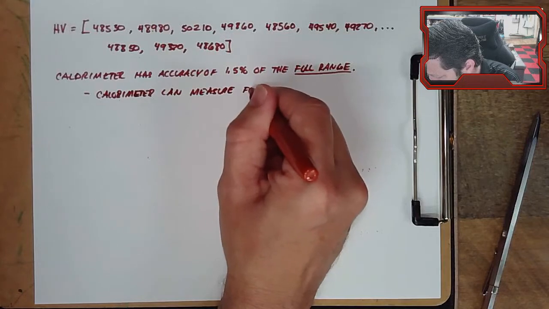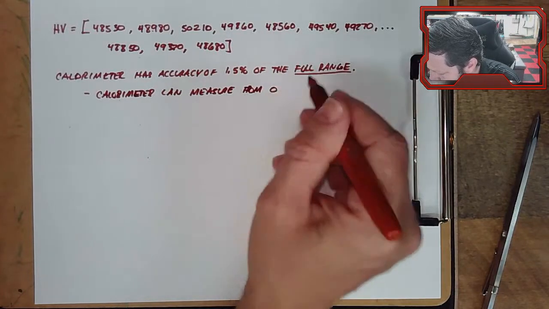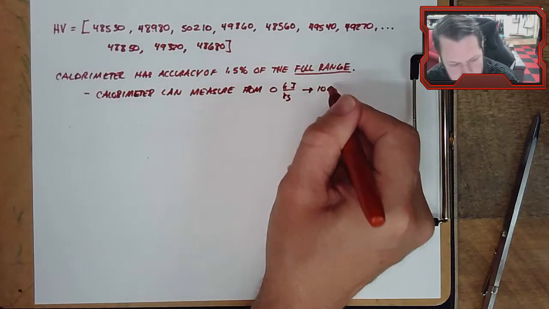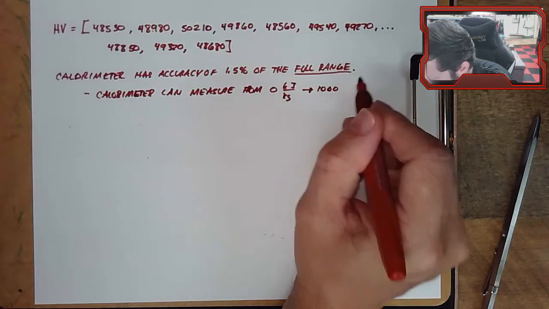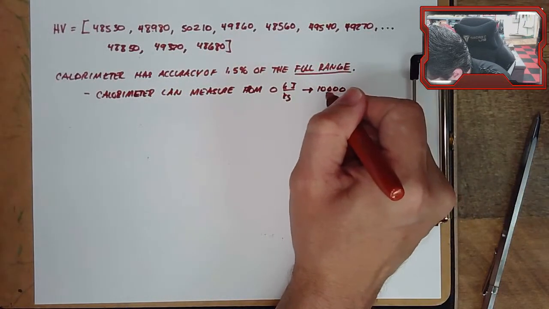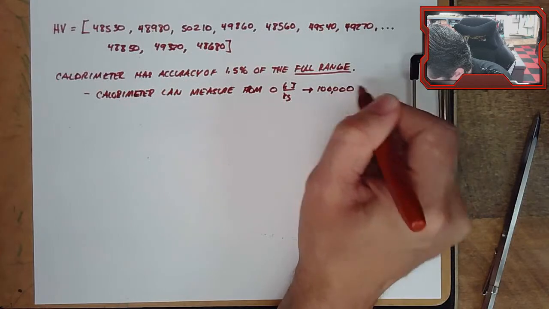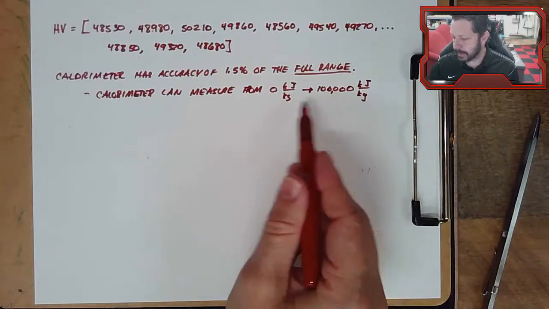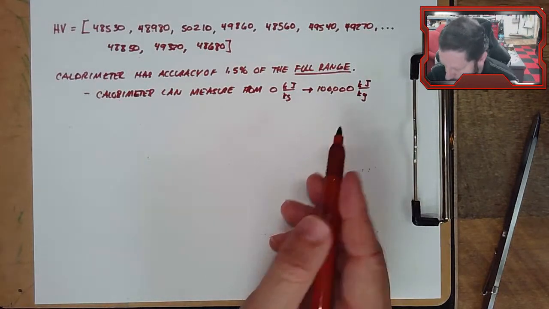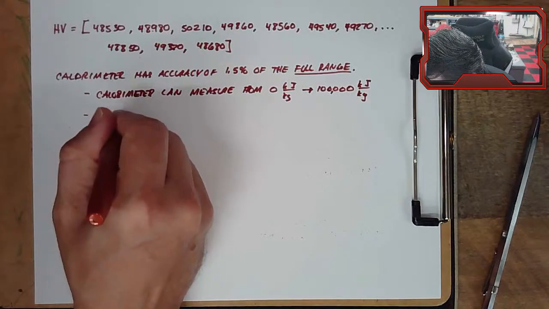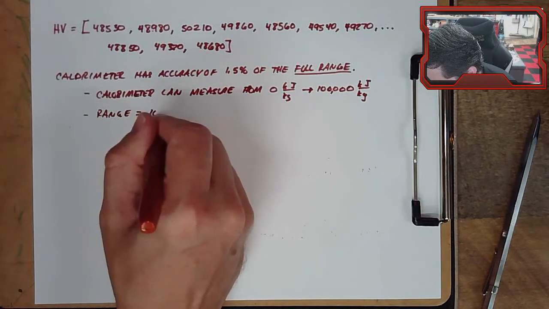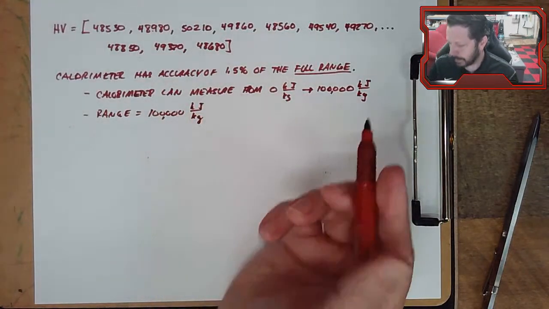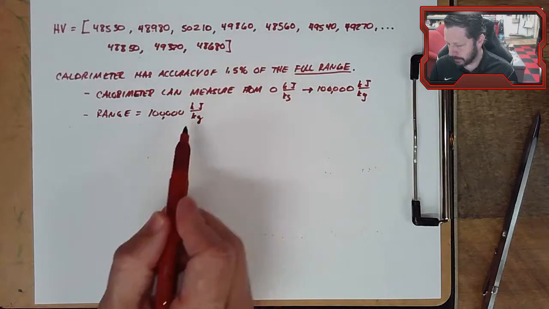From 0 kilojoules per kilogram up to 100,000, because these are all 50,000, 100,000. So being able to measure from 0 to 100,000 tells me that the range is equal to 100,000 kilojoules per kilogram. And then I can take 1.5% of this full range.